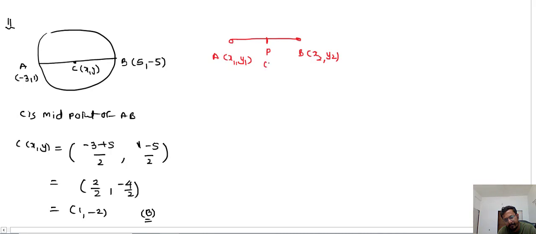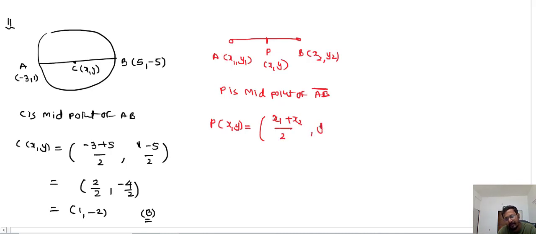Just keep in mind, to find the coordinates of the midpoint, add the x coordinates of both points and add the y coordinates, each divided by 2. Just keep in mind this note to find the coordinates of the midpoint. Let's move to the next example.